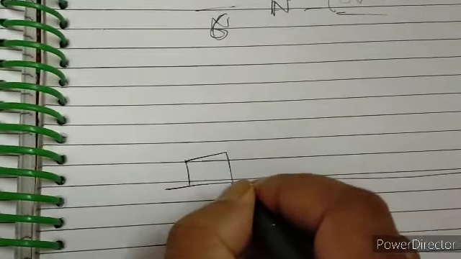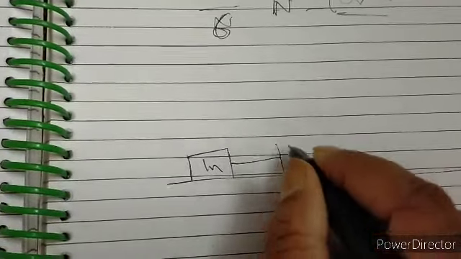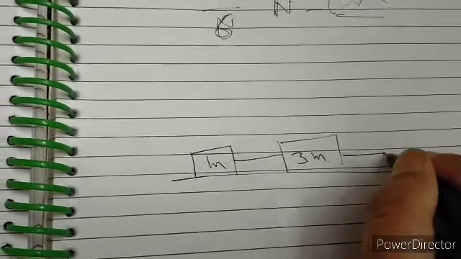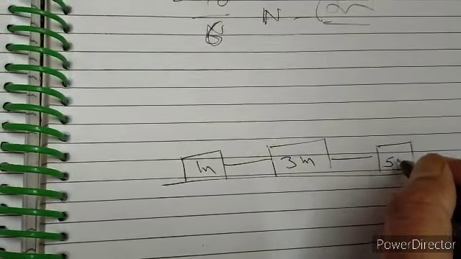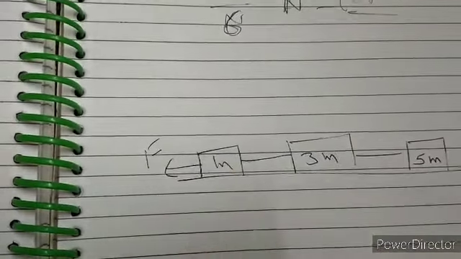There are 3 blocks. M connected with a string to mass 3m, connected with a string to mass 5m, and the force is applied in this direction.